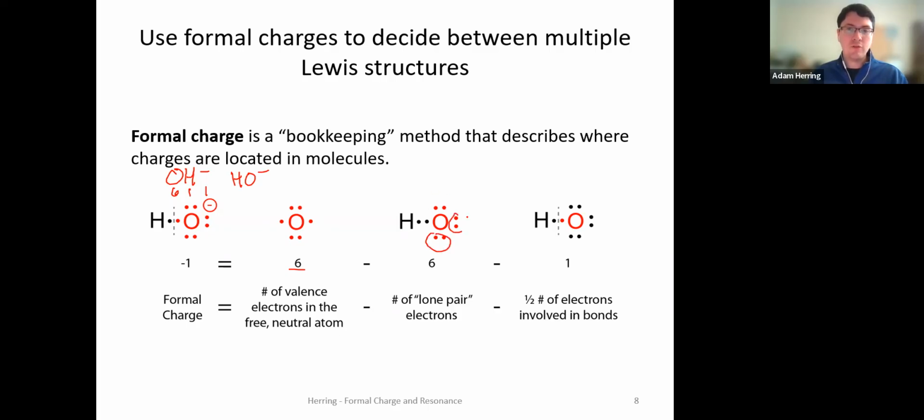You can see it has 2, 4, 6. And then also counting 1/2 of the electrons that are involved in any covalent bonds. So each bond has 2 electrons, so one of those electrons gets counted for this. So we have 6 valence electrons minus the 6 lone pair electrons and minus 1 electron from that bond. So we end up with a total value of -1.